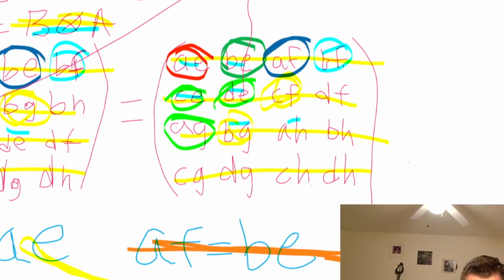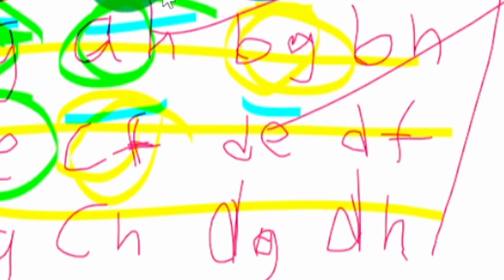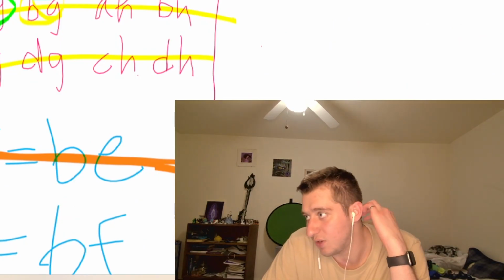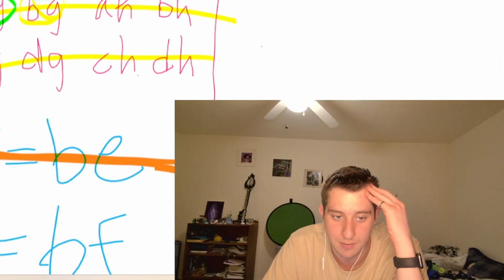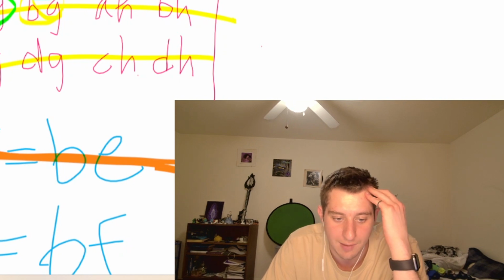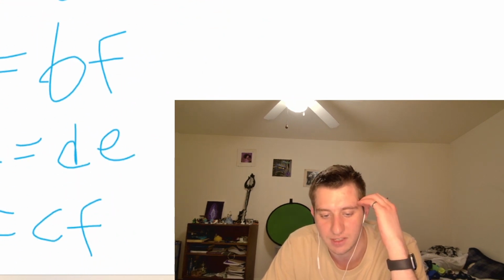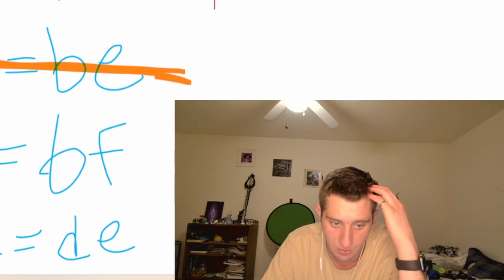AH, DE. So I feel like you can kind of see what's happening here. I'm going to do the rest of this without commentary, and then I'll come back to you with a simplified situation.